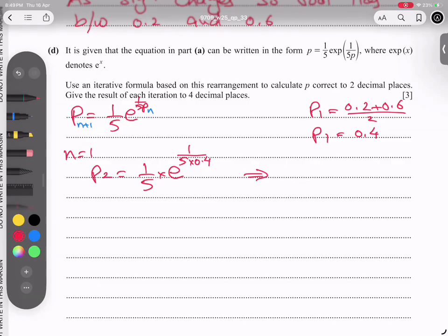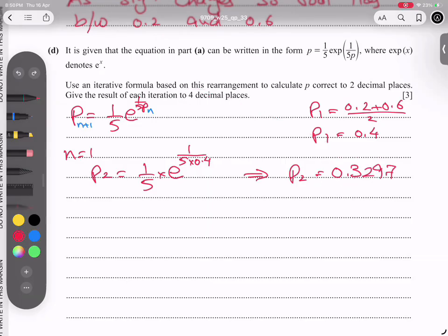I'm going to type it in the calculator, students. 1 divided by 5 outside, then we have e to the power of the fraction 1 divided by 5 times 0.4. And my answer turns out to be p2 is 0.3297. He said 4 dp. Done.